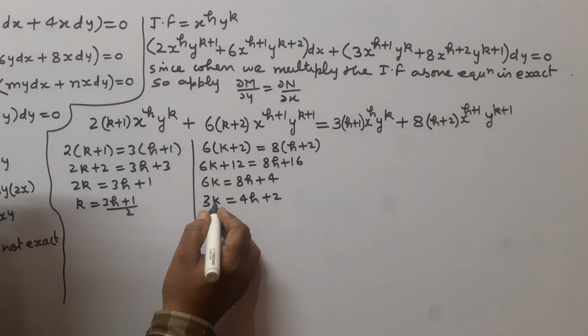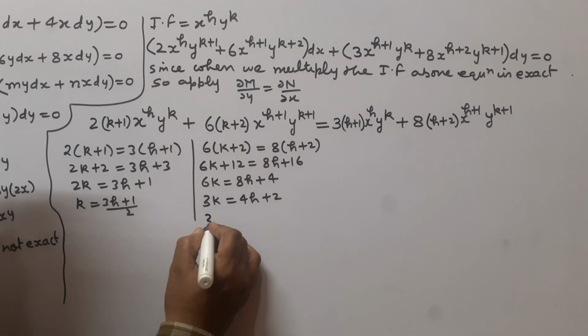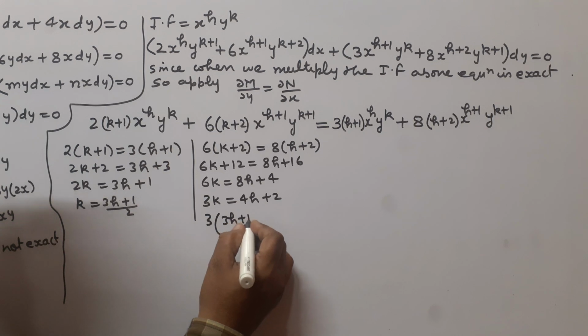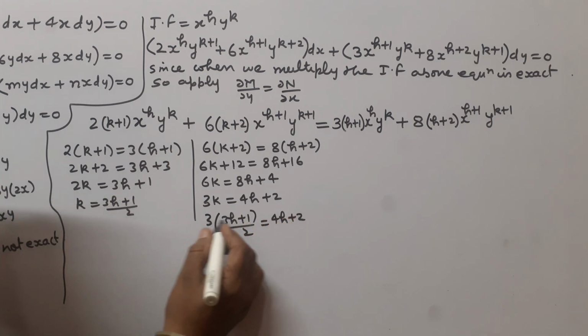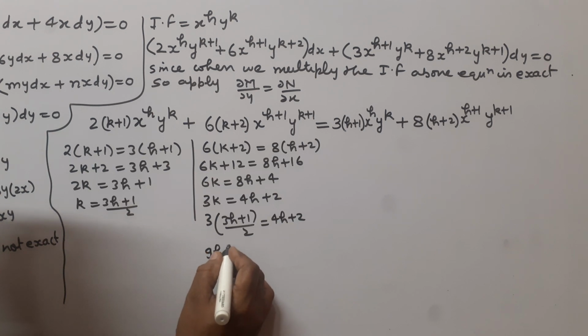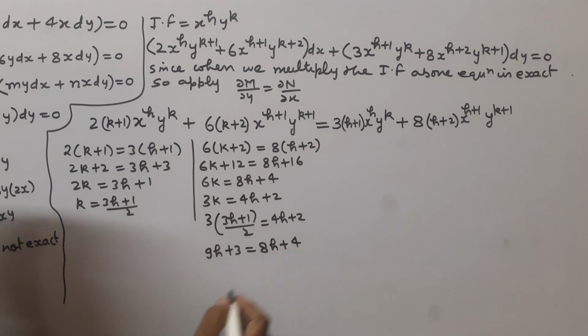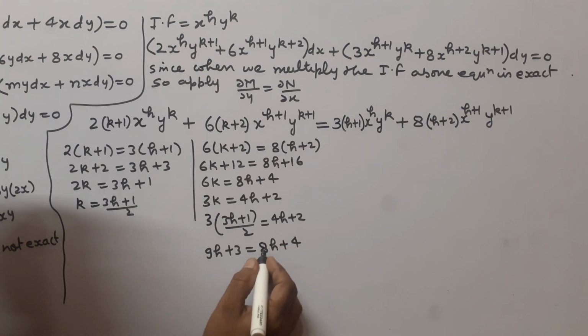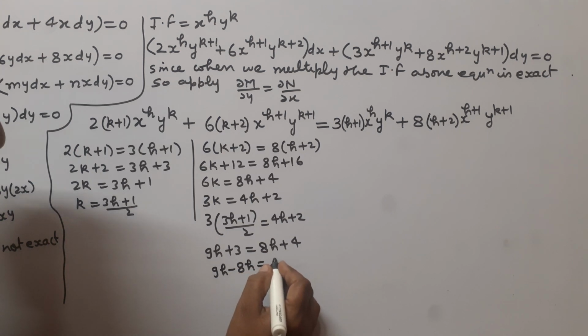Now we put here the value of k, (3h plus 1) upon 2, so this is 3 times (3h plus 1) upon 2 is equal to 4h plus 2. Now this can be written as 9h plus 3 is equal to 8h plus 4. So here 9h minus 8h is equal to 4 minus 3, that is 1.